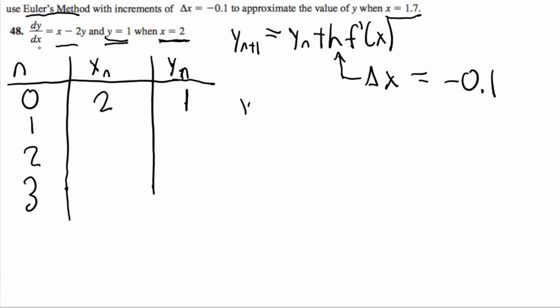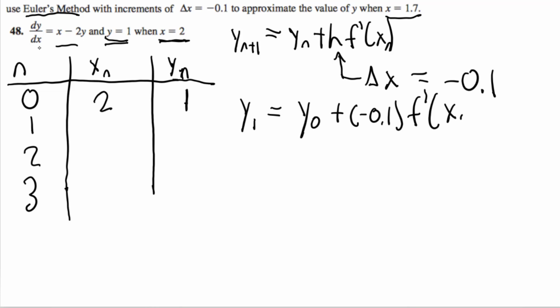So when y equals 1, we need to figure out y sub 1, which is y sub 0 plus h, which we know is negative 0.1, times the value of f, and this should really be x sub n, y sub n.